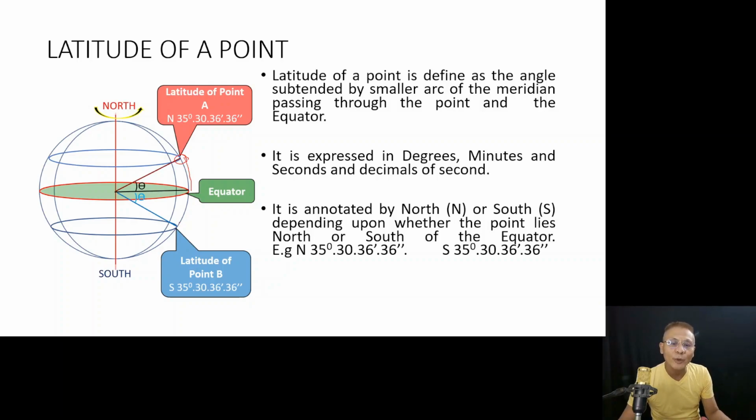Similarly, if I choose a point which is south of the equator, the latitude of this point will be annotated by S. An example is given as north 35 degrees 30 minutes and 36.36 seconds, and south 35 degrees 30 minutes and 36.36 seconds.